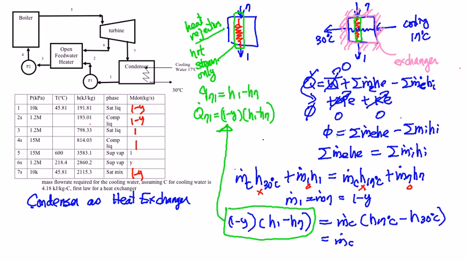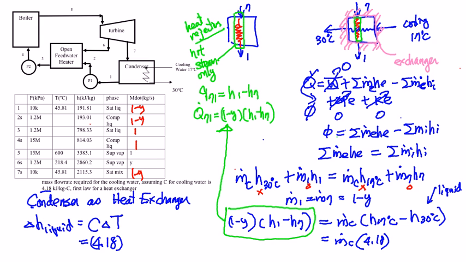We know the cooling water is liquid water. We can approximate the change of enthalpy of liquid water as its heat capacity multiplied by delta T. In this case, the heat capacity for cooling water is given as 4.18. So, 4.18 times delta T, between 17 and 30.